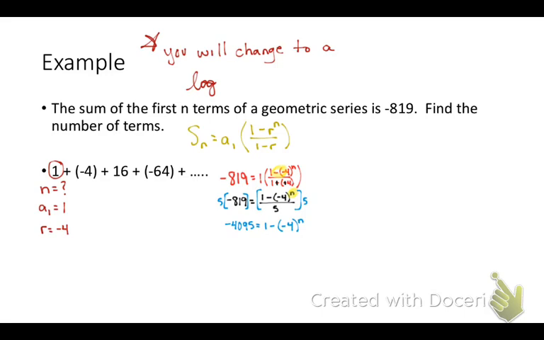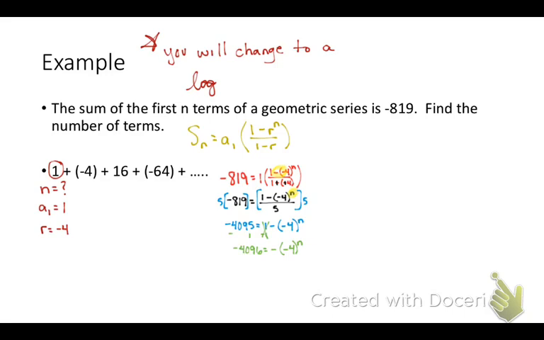What's the next thing that you think I need to do? Let's not divide. Let's just subtract. So then I have negative 4,096 equals negative of a negative 4 to the nth power. What's going to happen to the two negatives? This is why I couldn't change it before, basically, or one of the reasons.